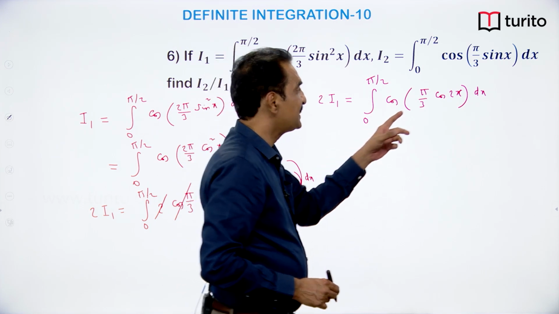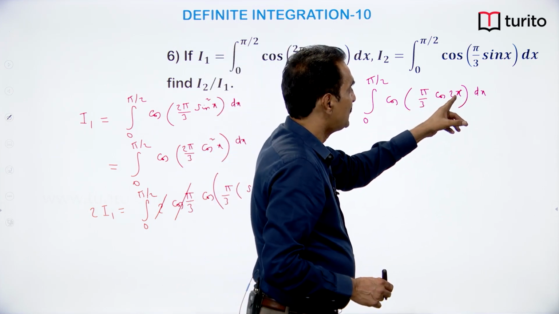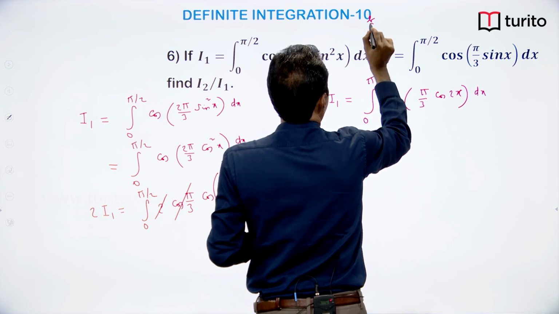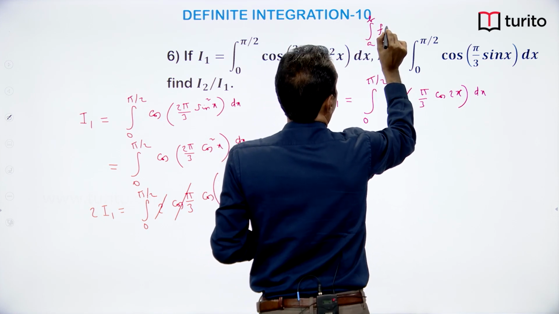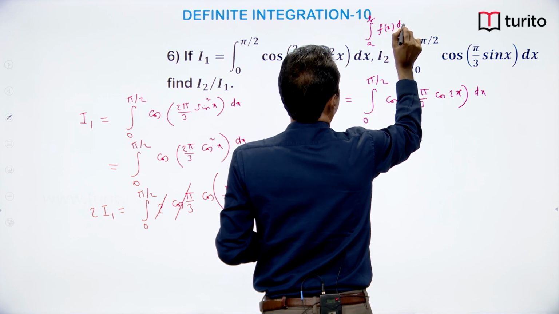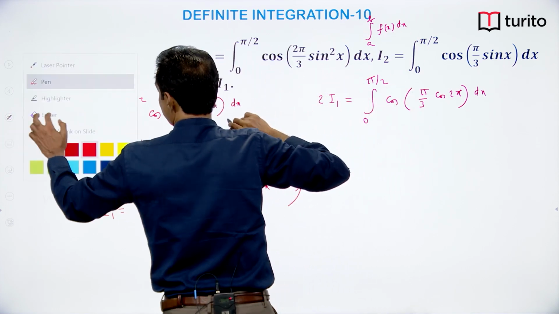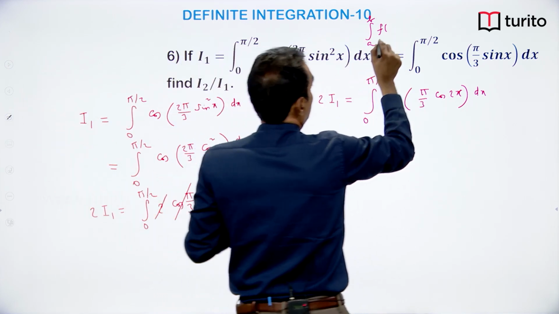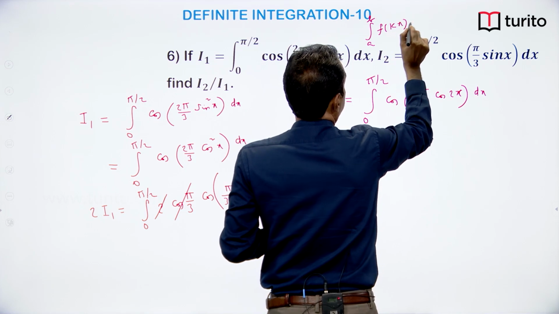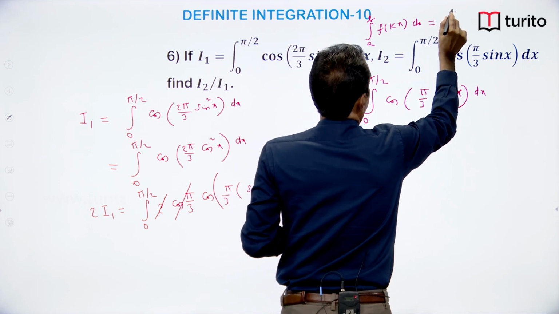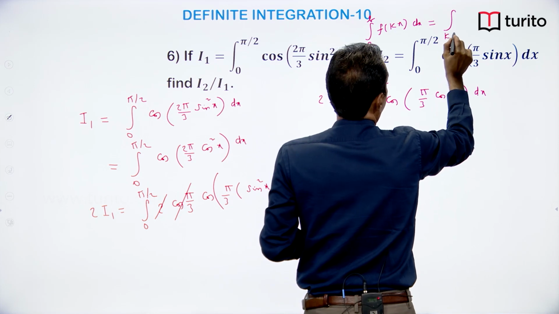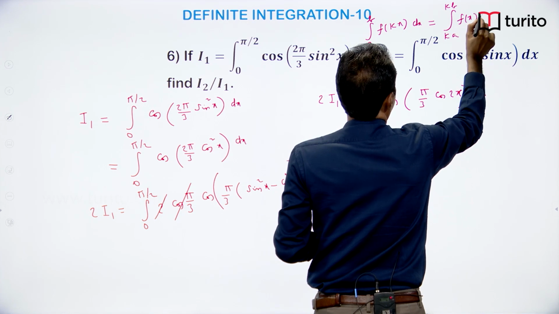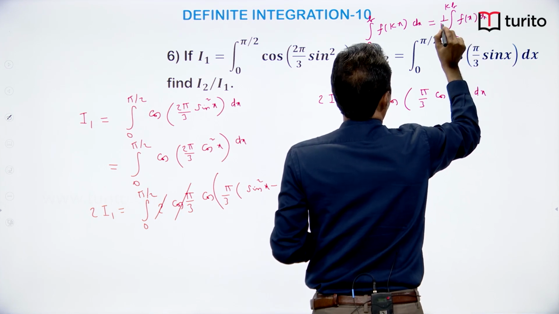What is f of kx property? Integral a to b f of kx dx is equal to integral ka to kb f of x dx into 1 by k.